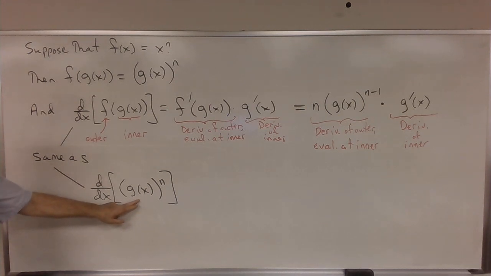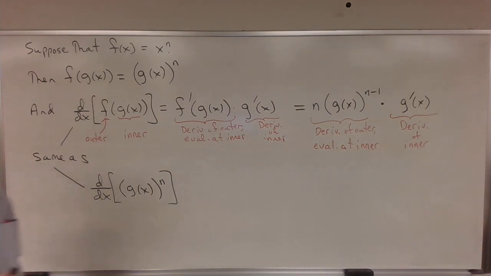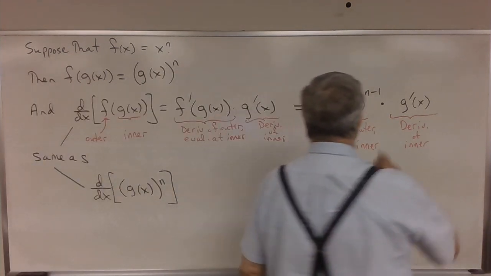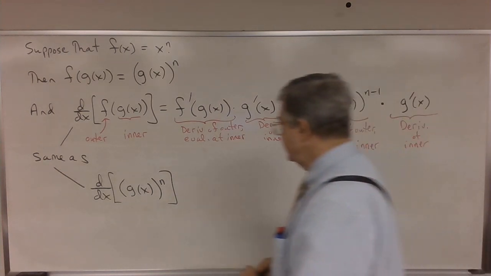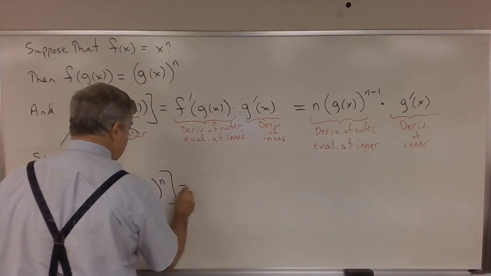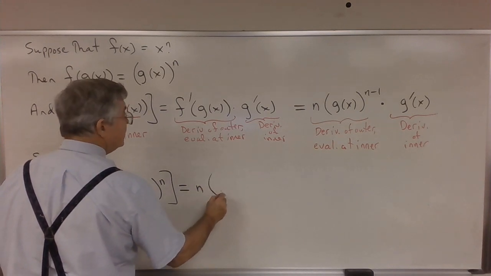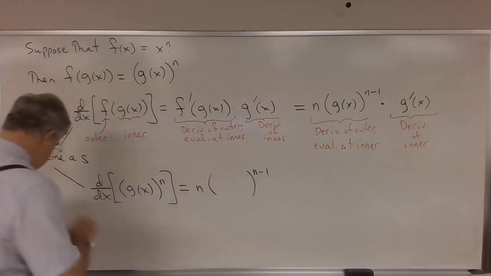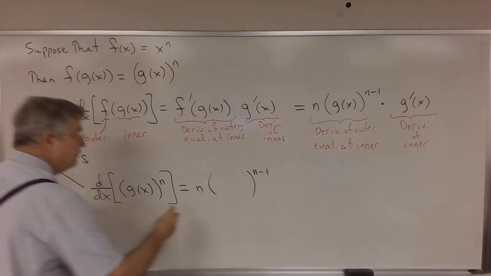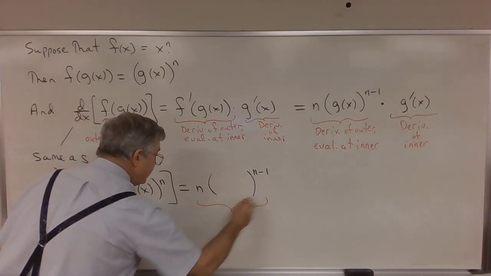This is f evaluated at g of x. And we just saw what that turns out to be. It turns out to be this thing. N something to the n minus 1. So here's the derivative of the outer.